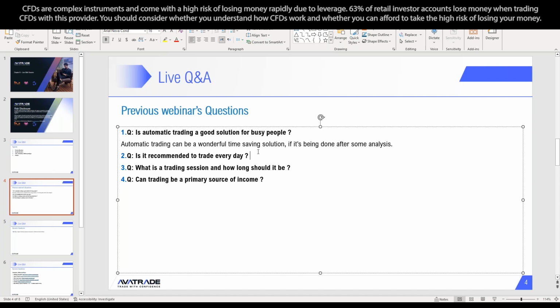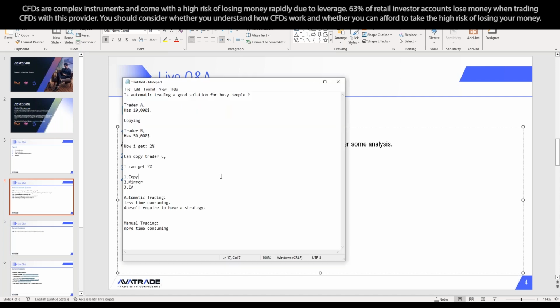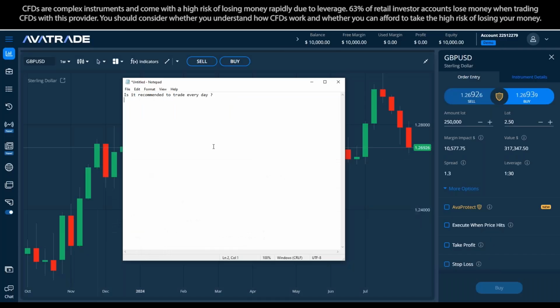Okay, second question: is it recommended to trade every day? The answer is that it depends on your lifestyle. What do I mean by that? I'm a busy person. I work a full-time job, 5-6 days a week, 9 hours a day, maybe sometimes even more.